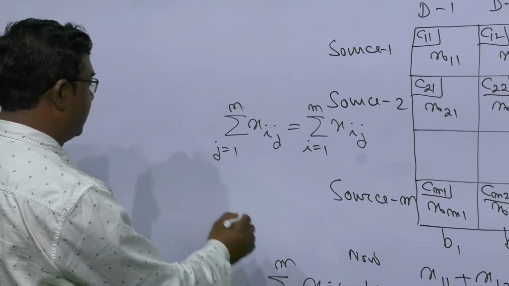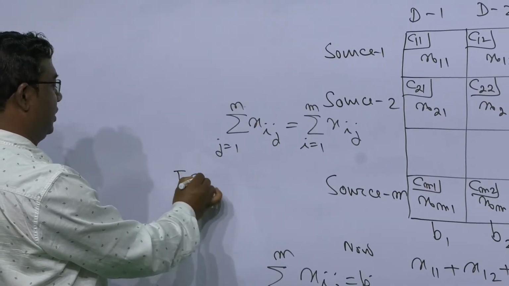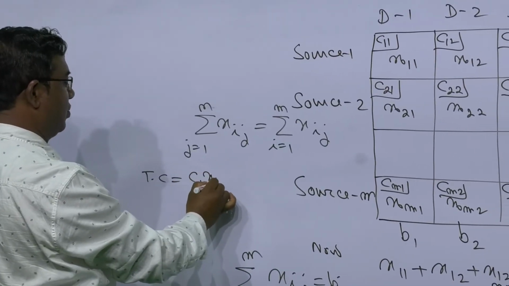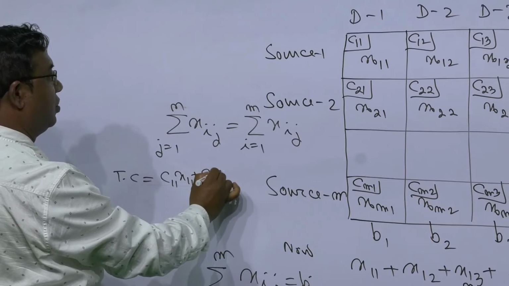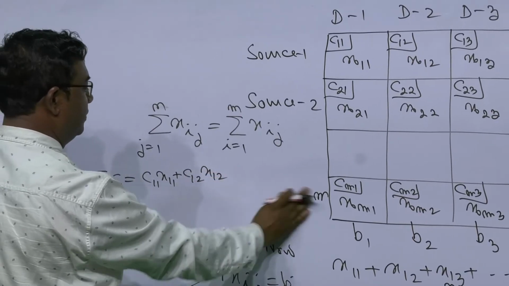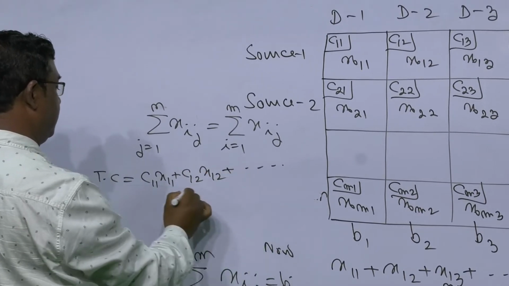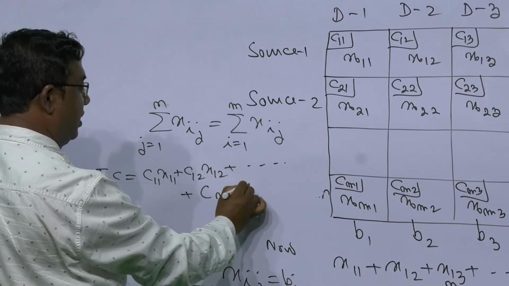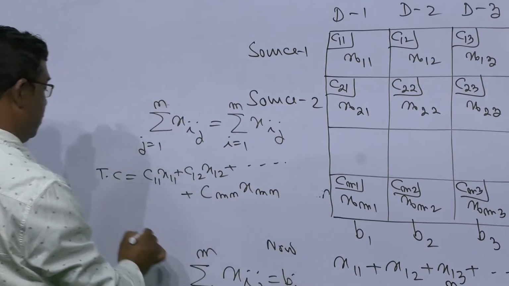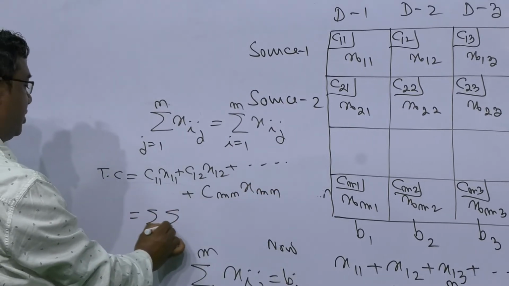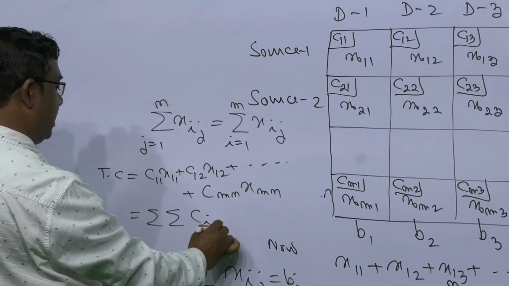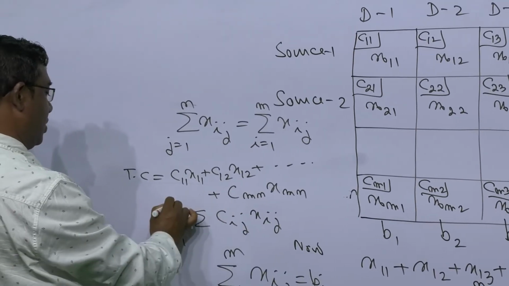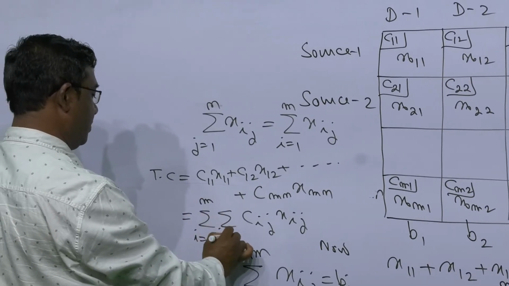Then the total transportation cost is C11 X11, C12 X12, and so on, lastly Cmn Xmn. So this is equal to the double summation Cij Xij, i goes from 1 to m, j goes from 1 to n.